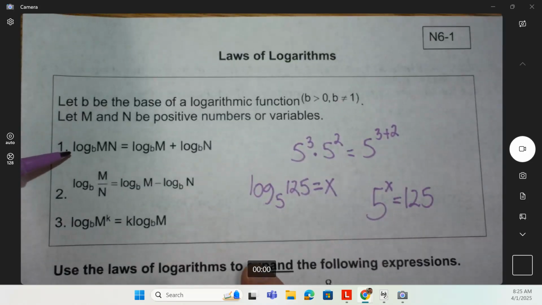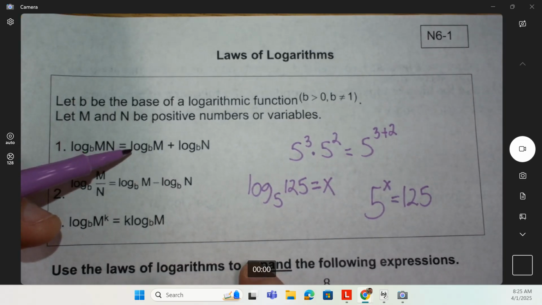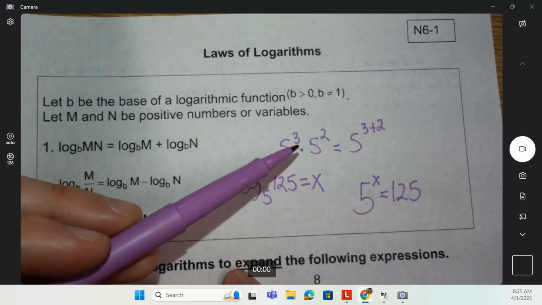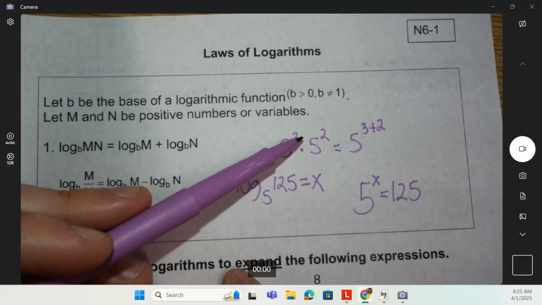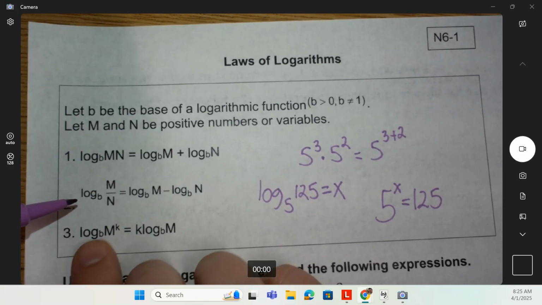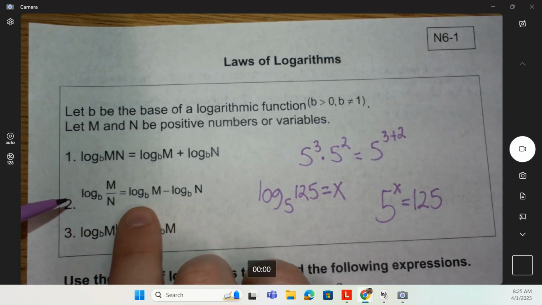So our first law here is that log base b of m times n is log base b of m plus log base b of n. Similar to that, if we're multiplying two of the same number to a certain power, we would add those numbers together. And same if they're dividing, then we would subtract those numbers.